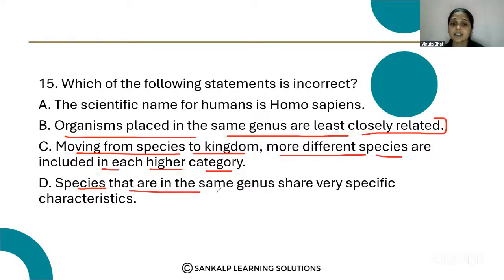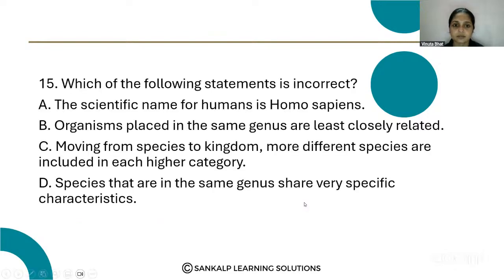Species that are in the same genus share very specific characters. Only A, B, C, D are the options. No other options.